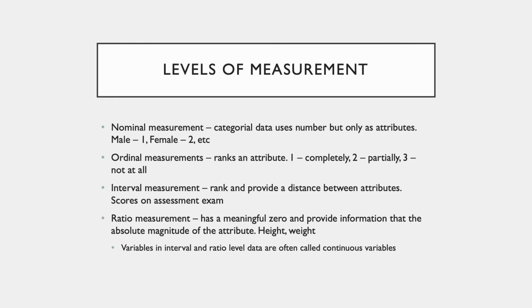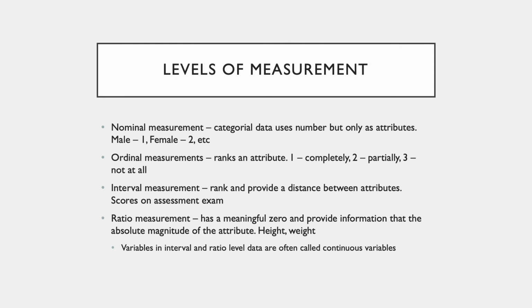Let's begin by reviewing the level of measurement. Nominal measurement is categorical data, and it uses numbers but only as attributes, such as a male is 1 and a female is 2. Ordinal measurements rank an attribute. 1 would be they completely agree, 2 they partially agree, 3 they don't agree at all.